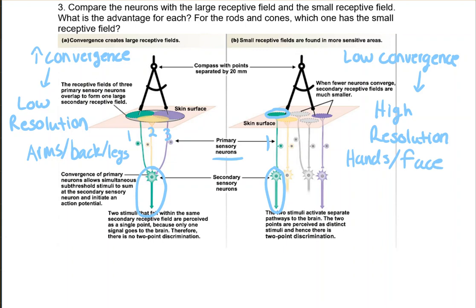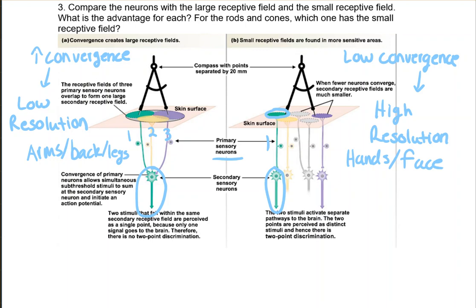So your hands and face are big on the homunculus, which is the topographic map in the somatosensory cortex, saying we have more neurons dedicated to certain areas of our body than others, making our hands and face the most sensitive body parts, and areas like our back less sensitive. So we have a harder time pinpointing the exact location of a physical stimulus on our back than we do on our hand because of convergence here.